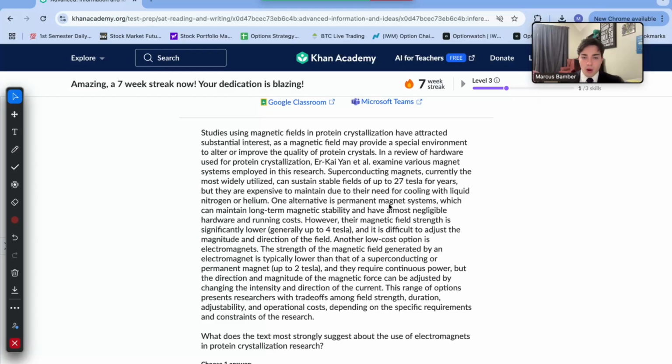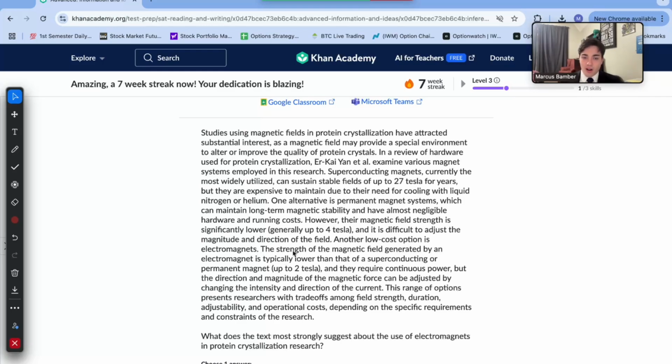One alternative is permanent magnet systems, which can maintain long-term magnetic stability and have almost negligible hardware and running costs. However, their magnetic strength is significantly lower, and it is difficult to adjust the magnitude and direction of the field. Another low-cost option is electromagnets. There we go.